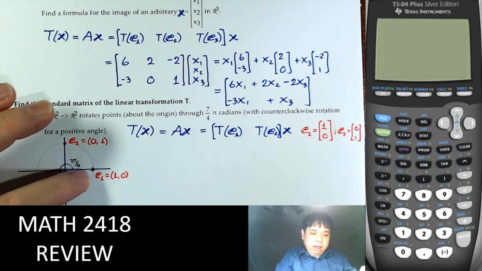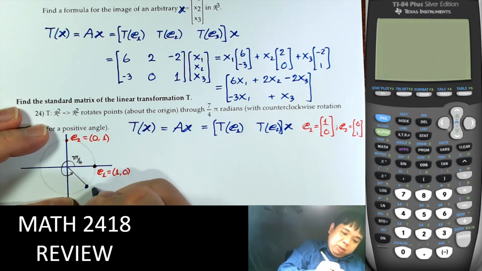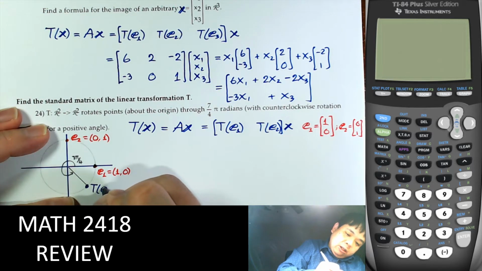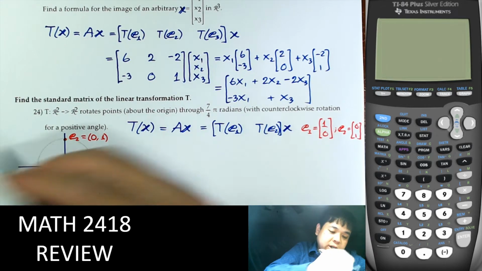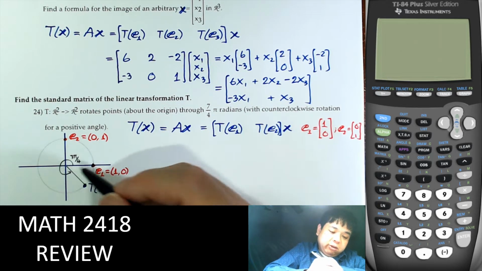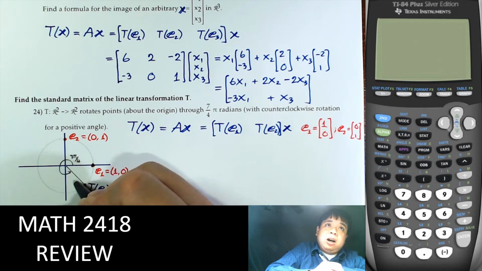So it will transform, and this will be the image of E1. As you see, this 7 pi over 4 is the same as negative pi over 4.